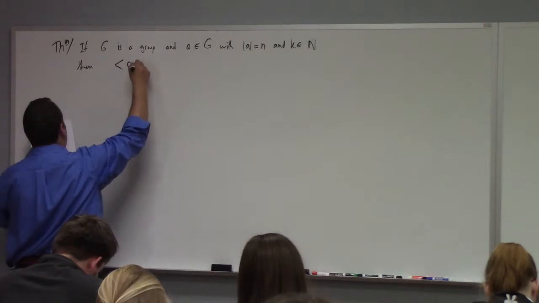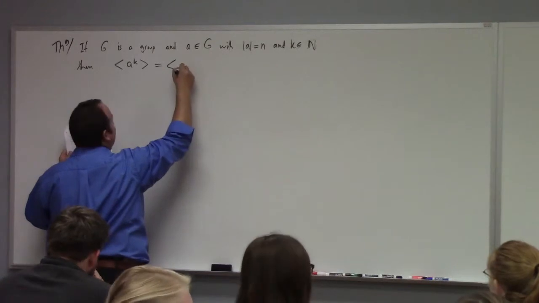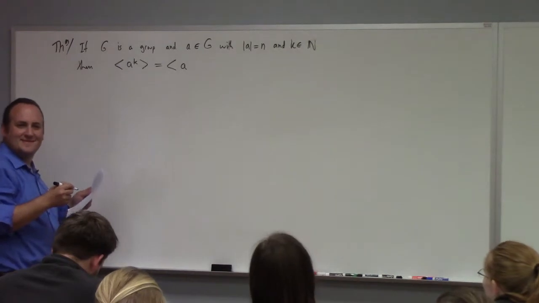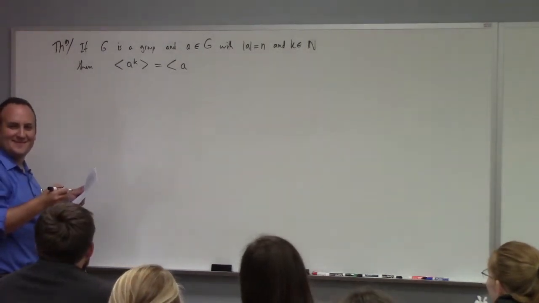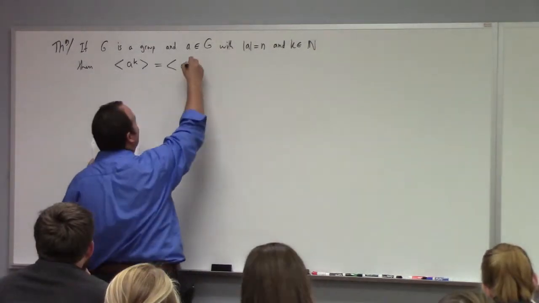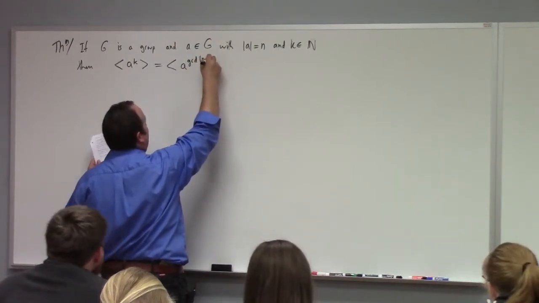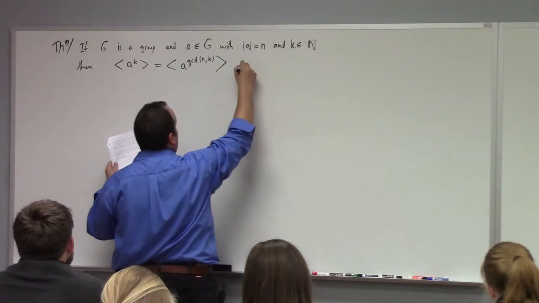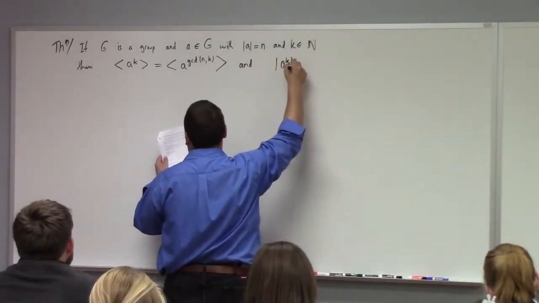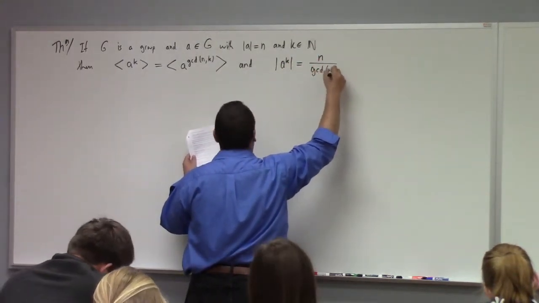The cyclic subgroup generated by a to the power k is equal to the cyclic subgroup generated by a to the power GCD of n comma k, and the order of a to the power k is equal to n divided by the GCD of n and k.